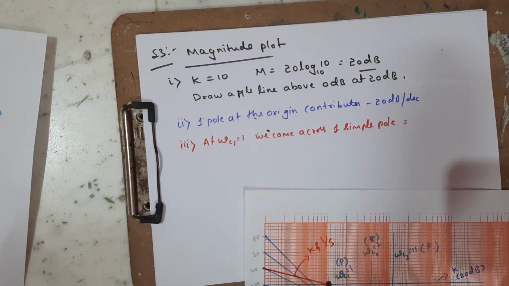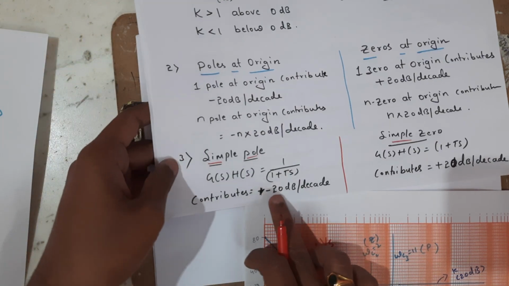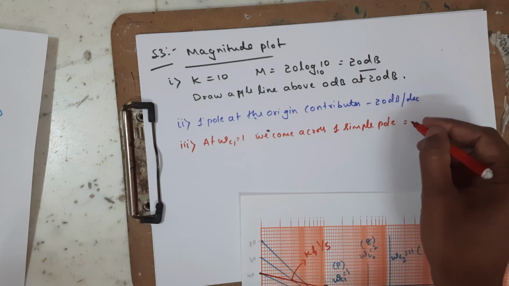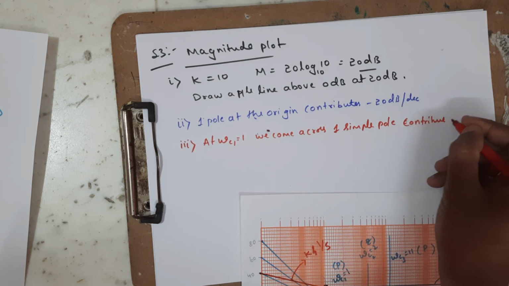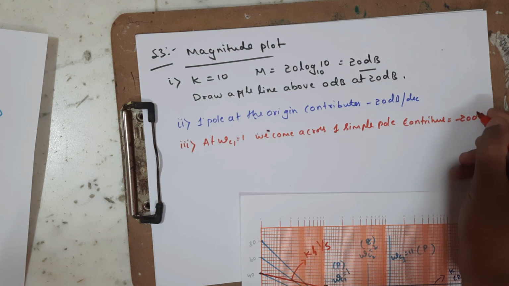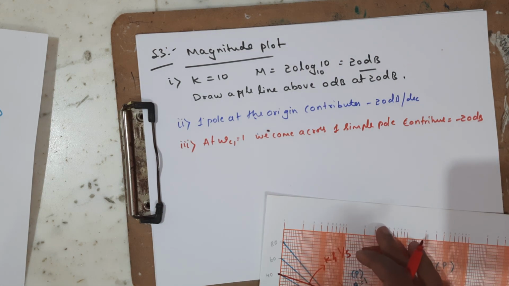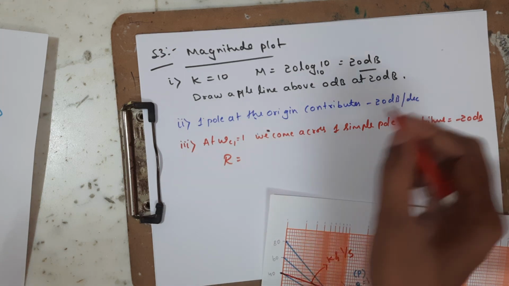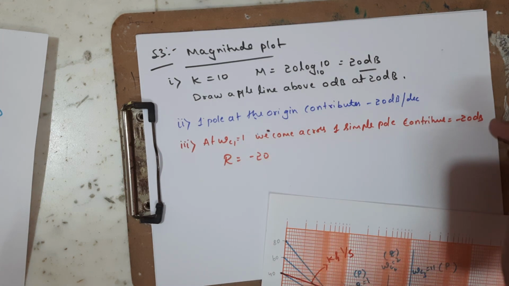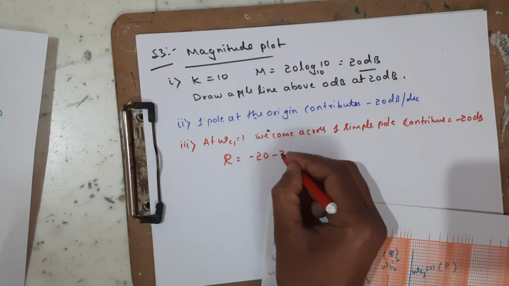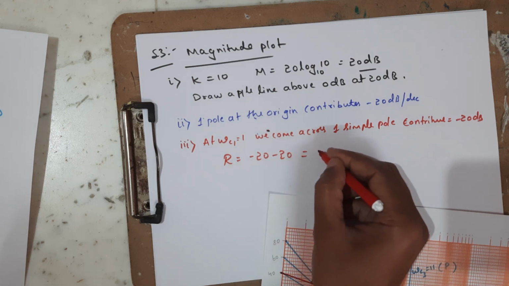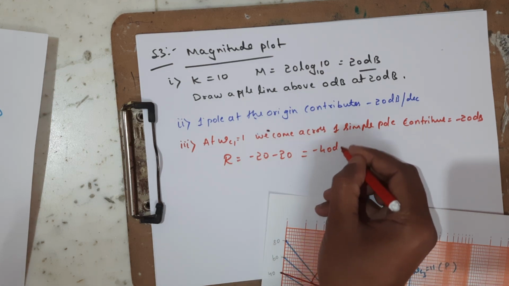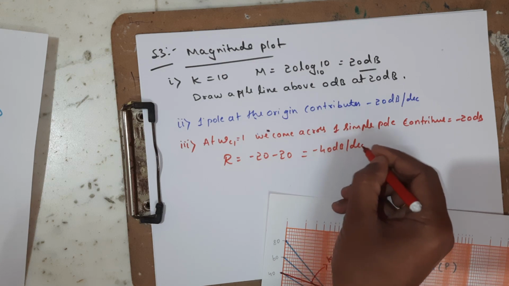A simple pole contributes minus 20 dB per decade. So what is the resultant slope? The previous slope was minus 20, the contribution of this is minus 20, so the resultant slope is minus 40 dB per decade.